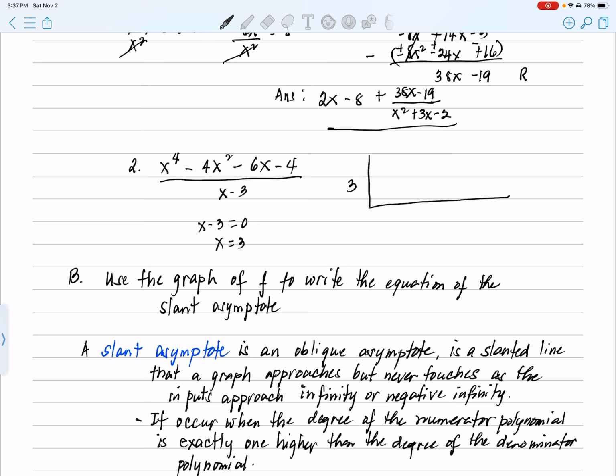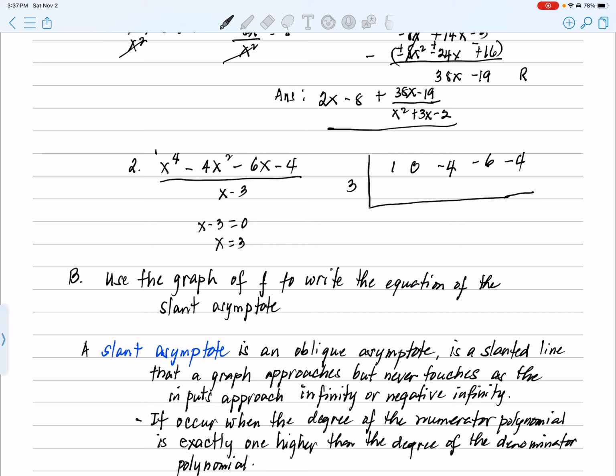The coefficient here is 1, so I'm going to write 1. Then 0 for x to the third. Then for x to the second power the coefficient is negative 4. Then we have a negative 6. And then the constant is negative 4.